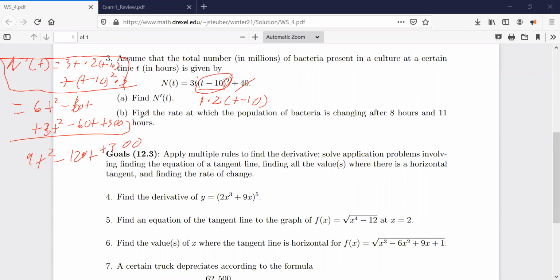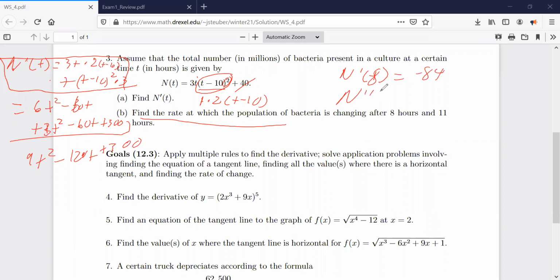So then find the rate at which the population of bacteria is changing after 8 hours and after 11 hours. So this is just asking me basically to plug in 8 into this guy and then to plug in 11 to him. And then you get for n prime of 8, you're just going to get negative 84.